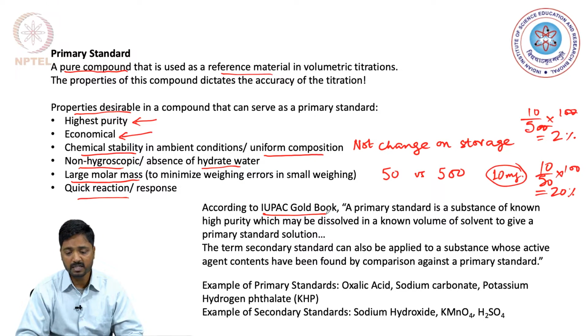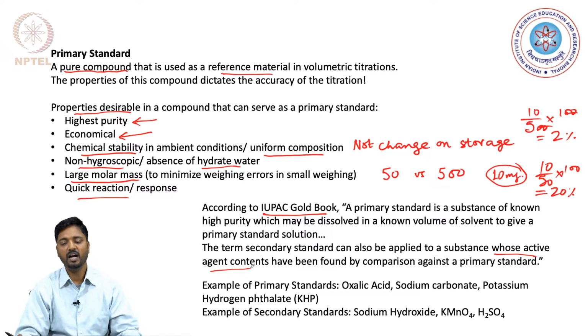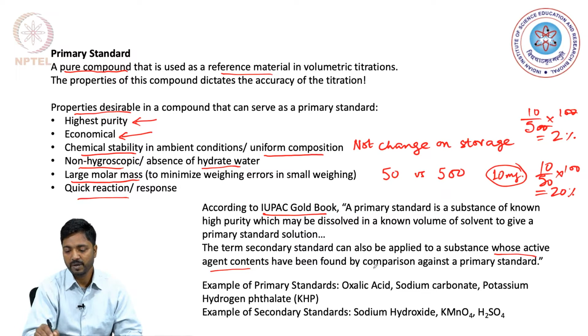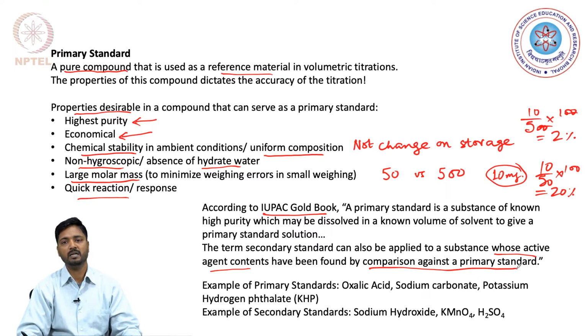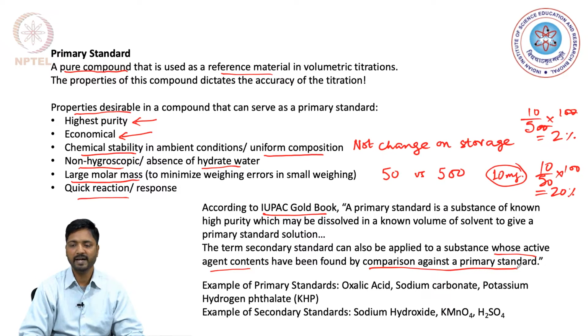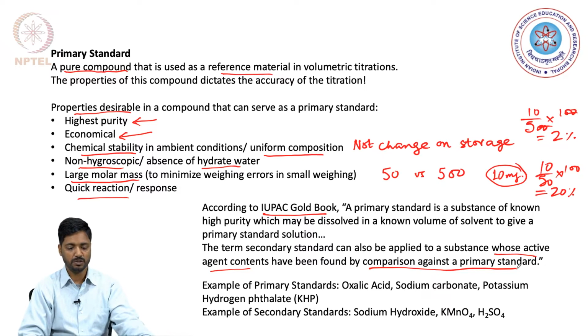The term secondary standard, according to the same IUPAC Gold Book, can be applied to a substance whose active agent contents have been found by comparison against a primary standard. So, for a secondary standard, we need to utilize a primary standard for making a standard solution.